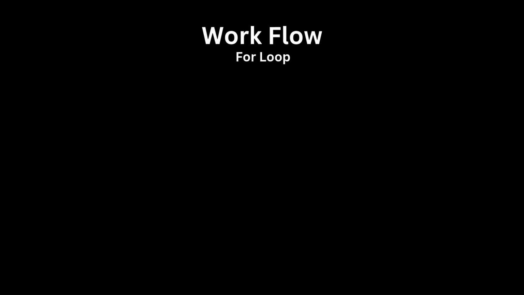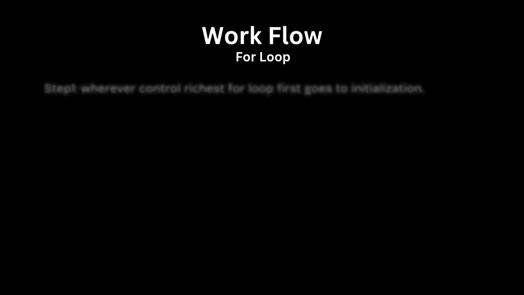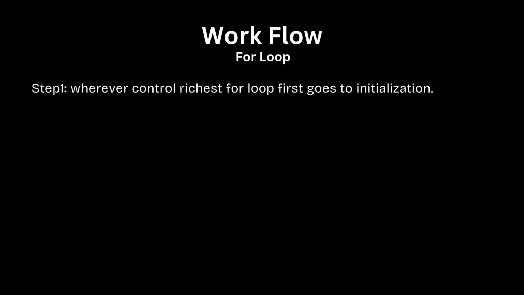The workflow of the for loop in Java. Step one, whenever control reaches the for loop, it first goes to the initialization. Step two, after initialization, it goes to the condition.